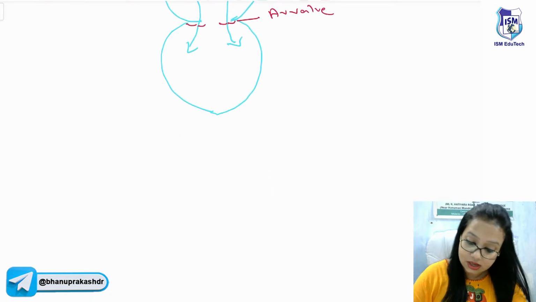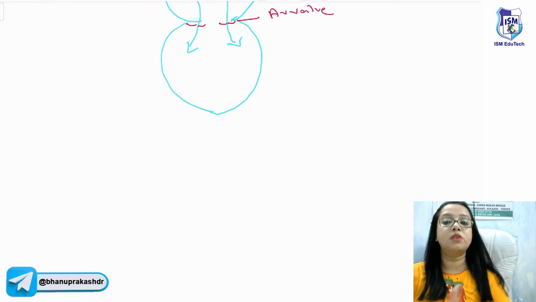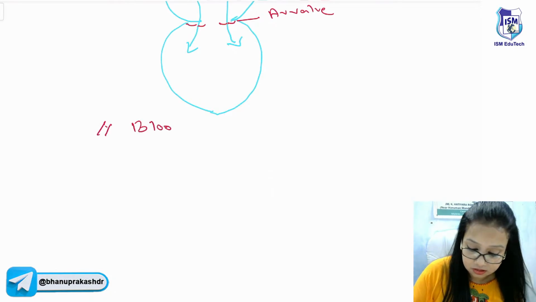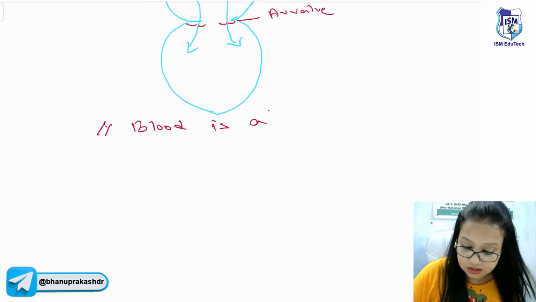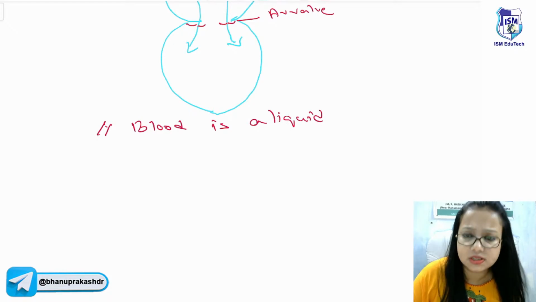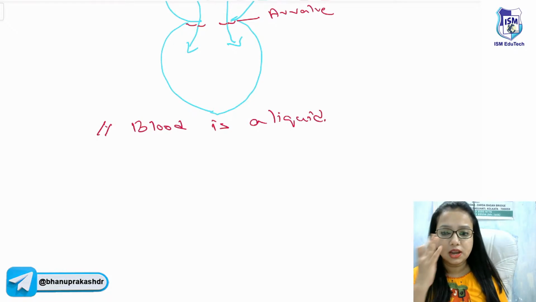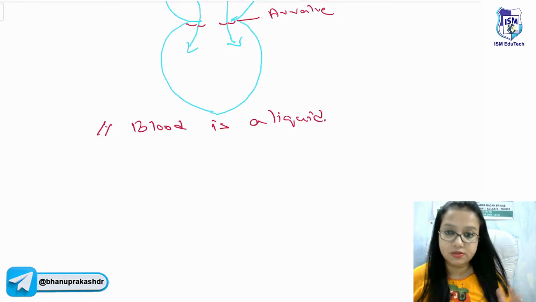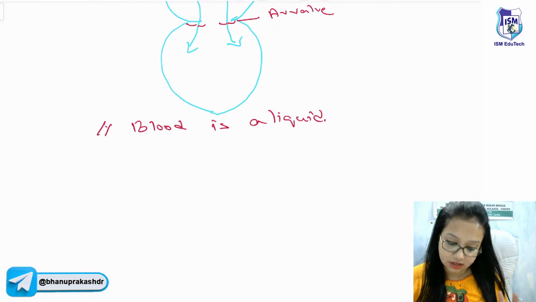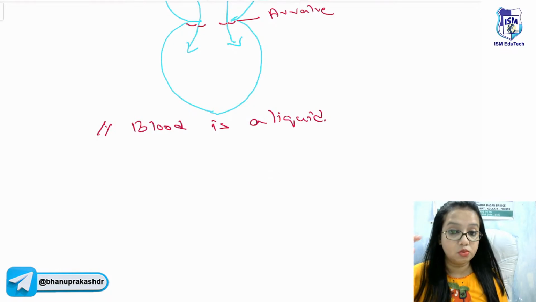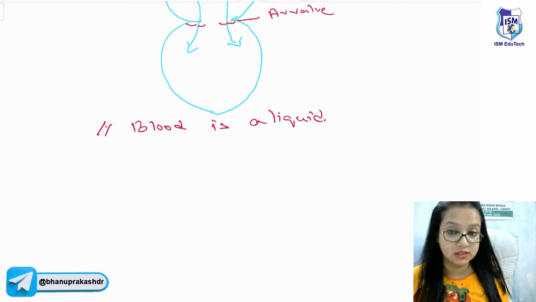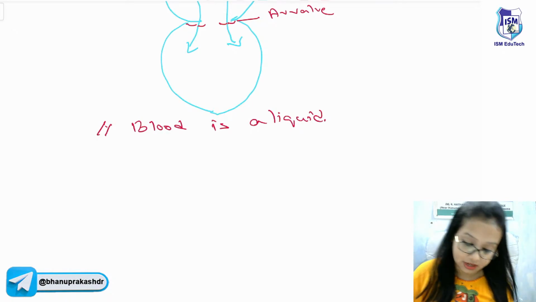Now, coming to the type of filling. Blood is a liquid, though not 100% liquid because it has cells and a few solid components, but overall it is roughly a liquid. Now, when a liquid has to flow from one region to another, what is the first principle that it will follow?